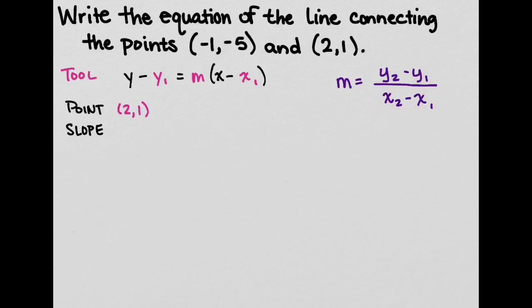It should always be rise, which is up and down, our y values, over run, which is left and right. Make sure you put the y values on top and the x values on bottom. I totally understand where that mistake is coming from, but watch yourself, otherwise your slope gets flipped.